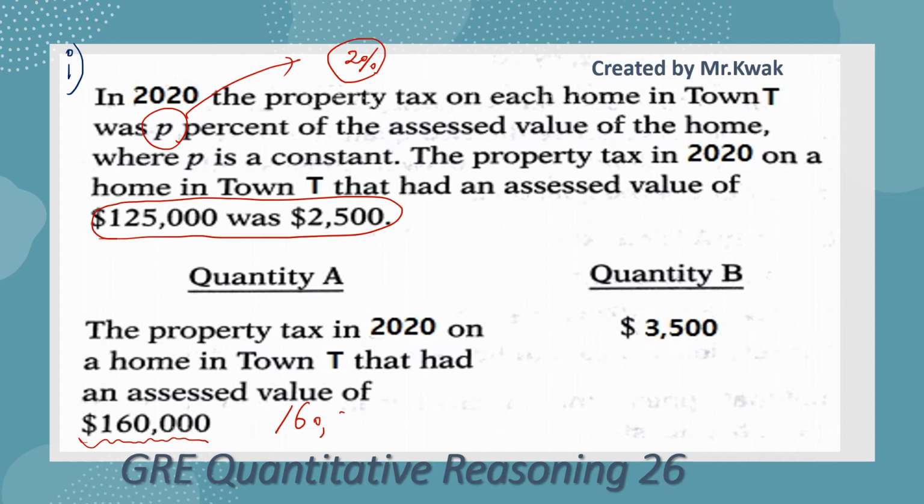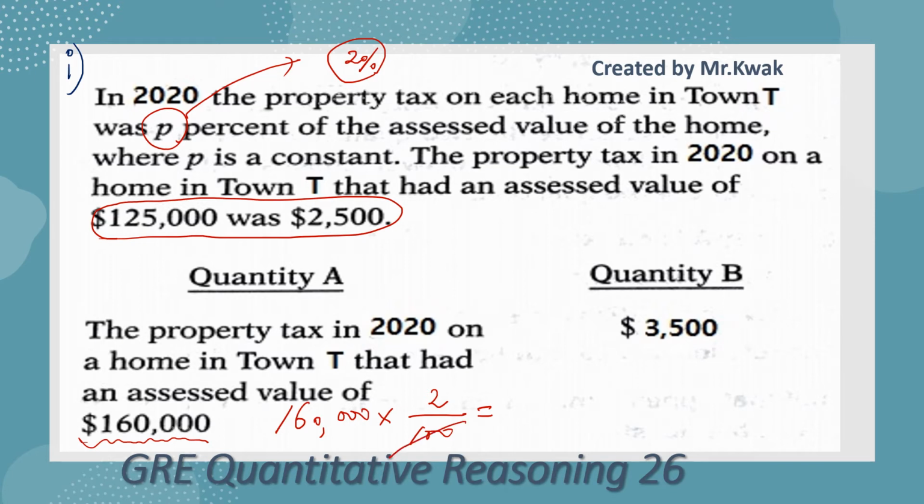So we can follow the same formulation like previous one. So $160,000 multiplied by 2%, which means 0.02.